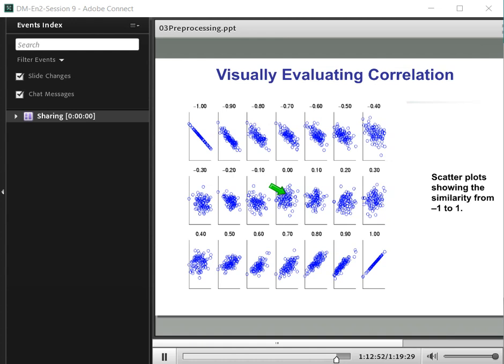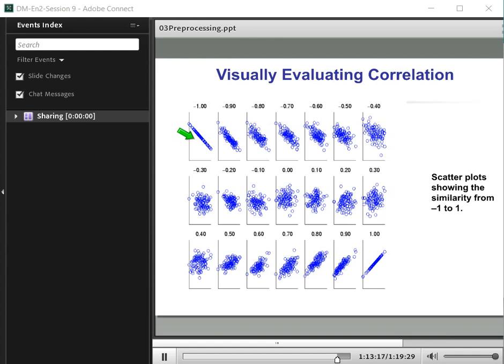You can see. So when we are talking about correlation, it means: do two different attributes affect each other, have similar behavior?